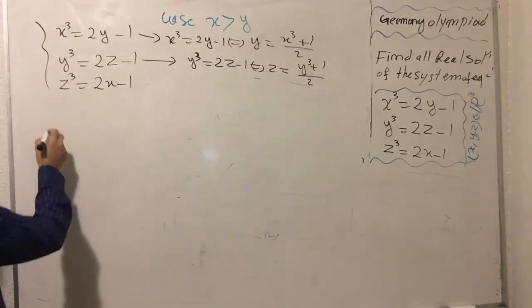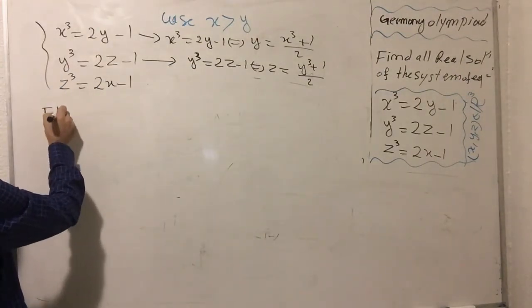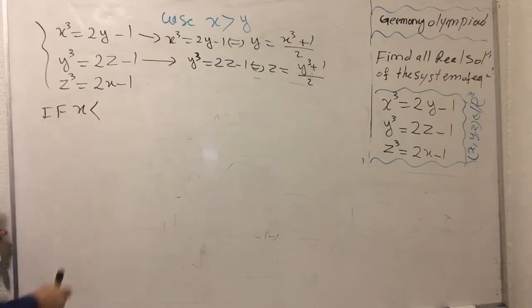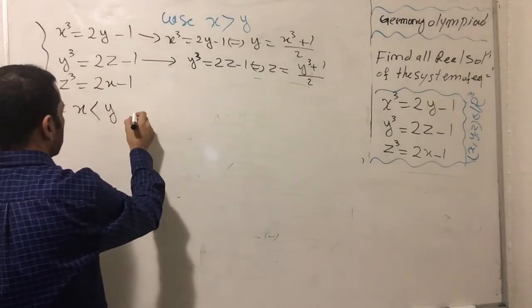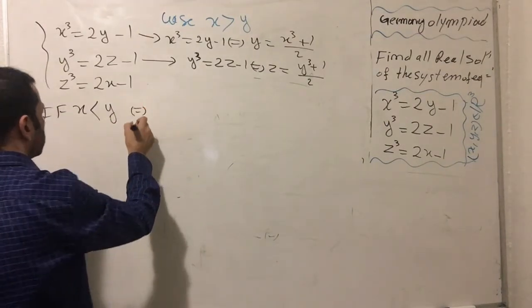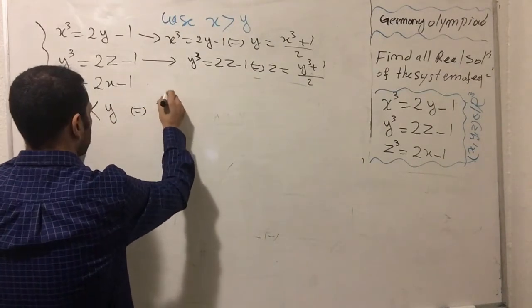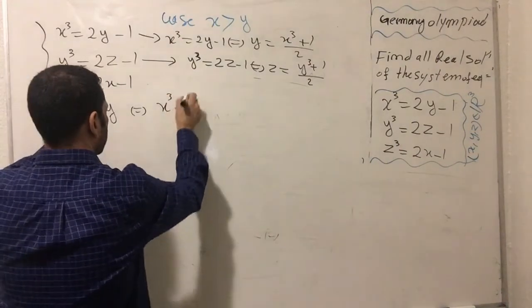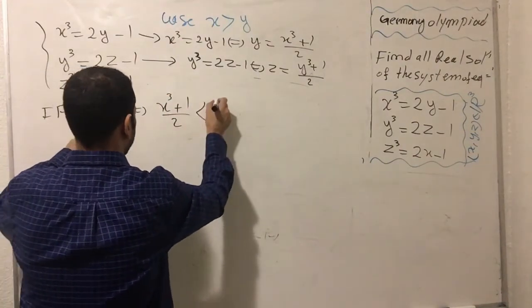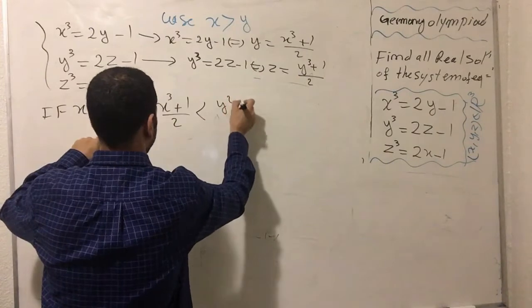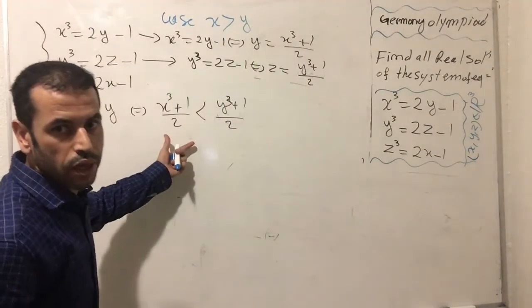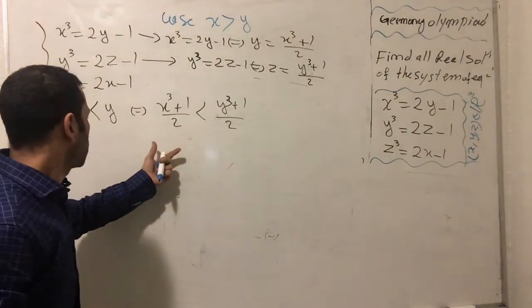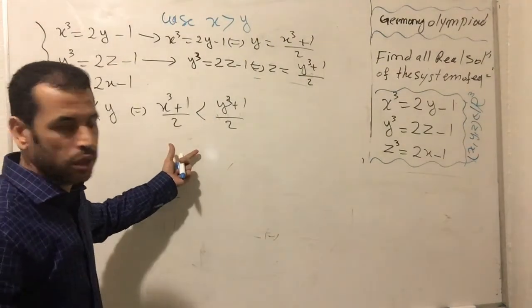Now let's consider the case when x is strictly inferior to y. To see what it gives us, I'm going to do the same thing as I did before.